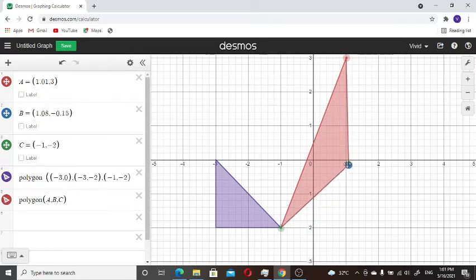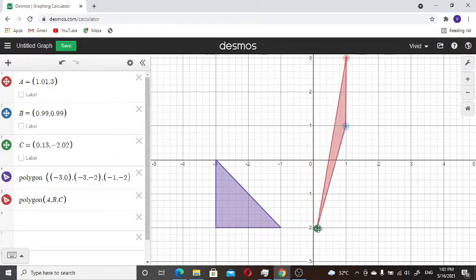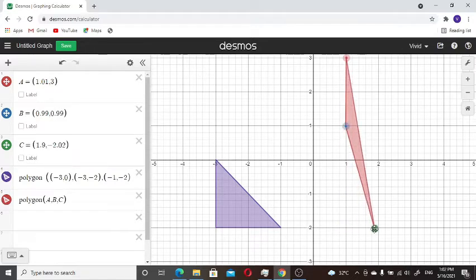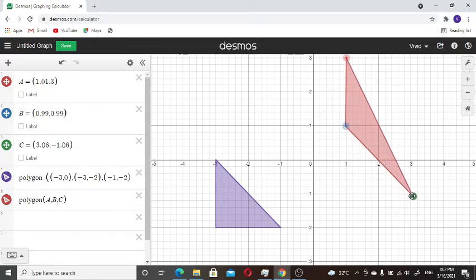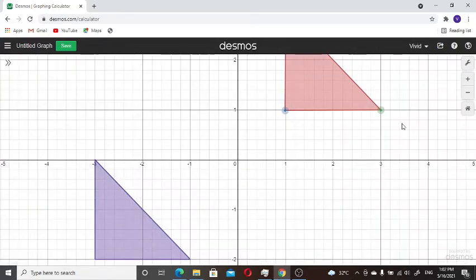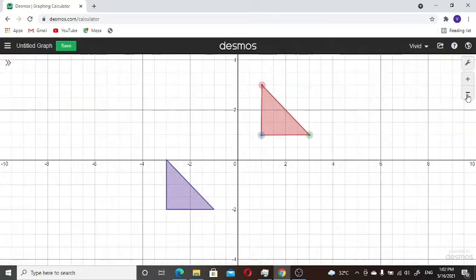Then 1, 2, and 3. So if you look at these two triangles, here I have them in this shade of blue and this one in the shade of pink, you notice that they are very, very similar to one another.